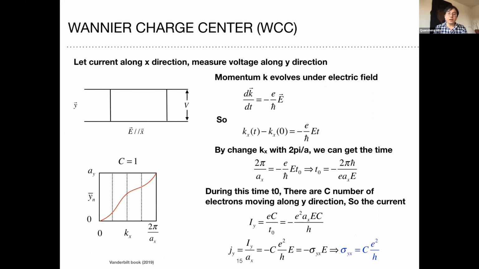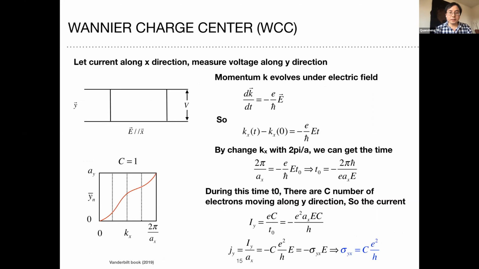With this hybrid Wannier charge center, we can try to understand the quantum Hall effect and why it's quantized. Let's take a two-dimensional geometry like this. It's periodic along the X direction, but confined along the Y direction.